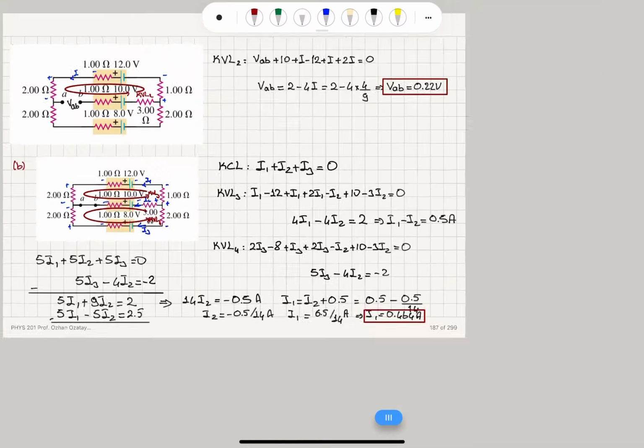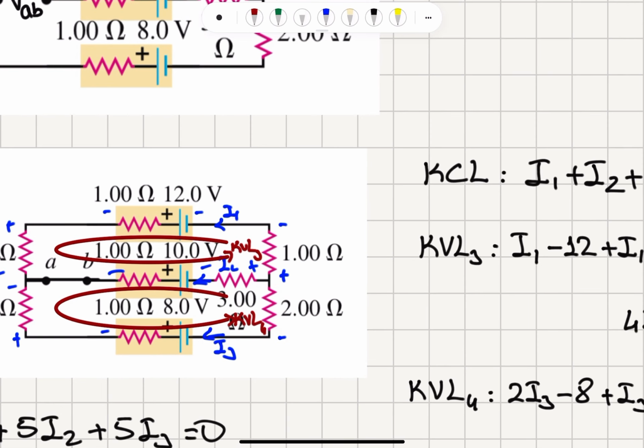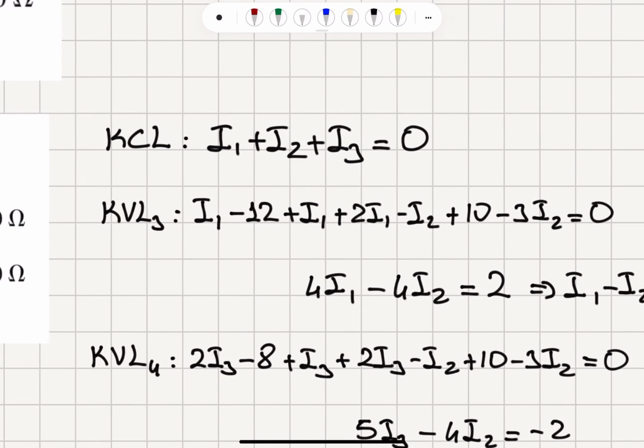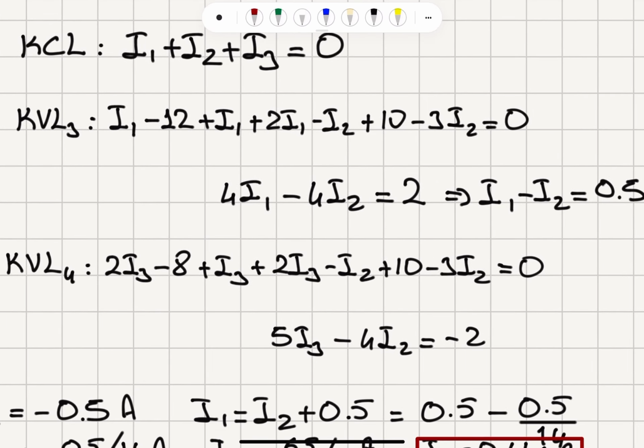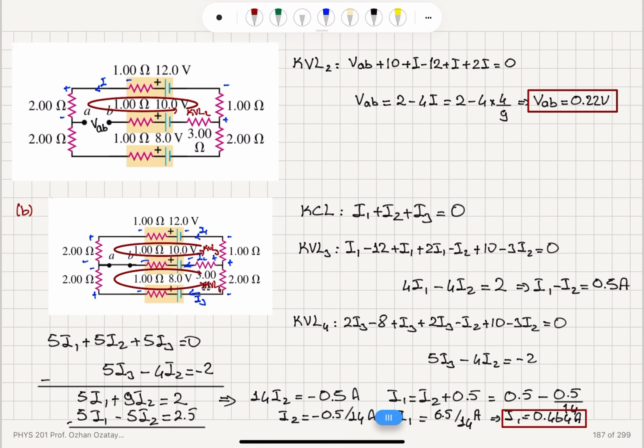So at each resistor, I note that whichever direction I'm assuming for the current, the current flows from high potential to low potential. So these are plus and minus. That gives me another equation, 5I3 minus 4I2 is equal to minus 2.